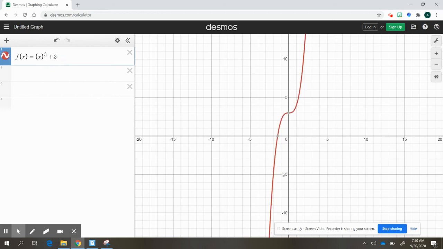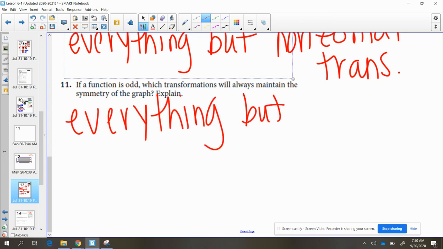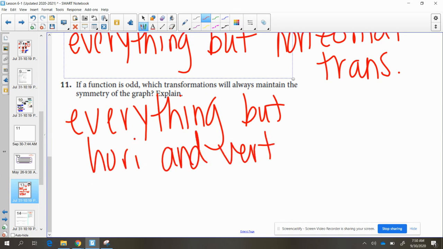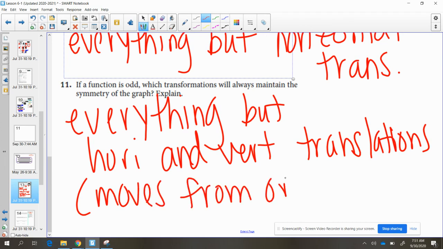Because again, it's no longer passing through the origin, so it's no longer going to be able to be rotated 180 degrees. And the origin is kind of the special thing here. So everything in this case, but horizontal and vertical translations, right? Again, it goes back to the origin. If you're not passing through the origin, you're not odd. Origin, odd, put them together, okay?